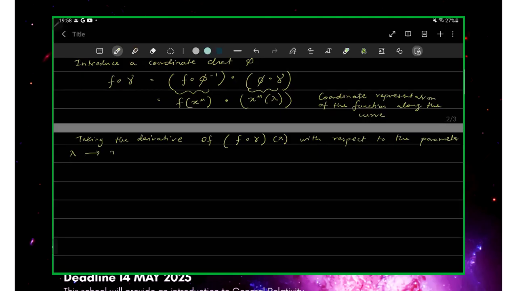So this should give you a rate of change of the function along the curve.